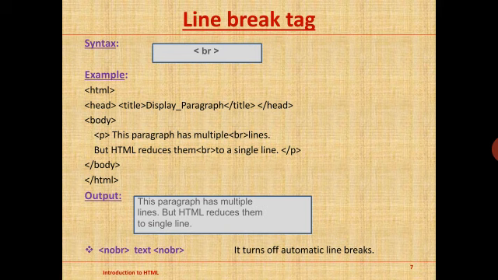Hence, the text lines will appear in the next line. Similarly, the text to a single line appears in the next line as shown in the output.